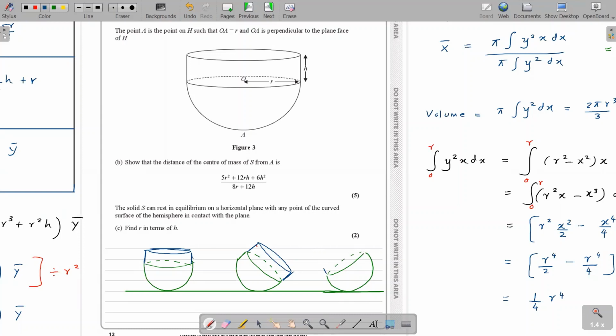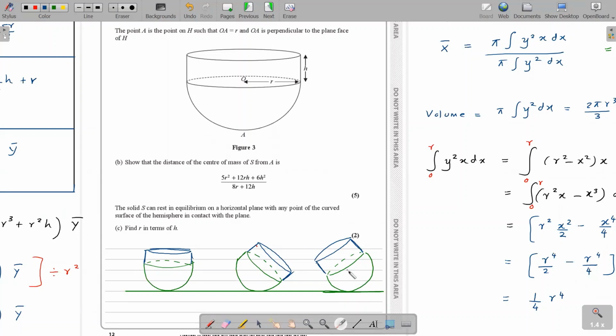Are you getting the figure? It's not going to topple over. It's going to stay exactly where it is. So how is this possible?